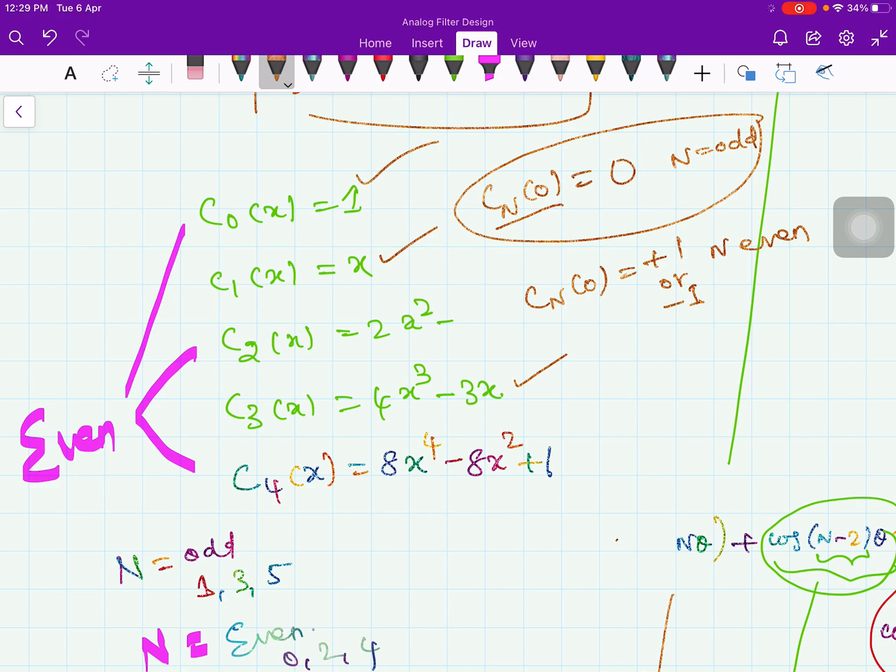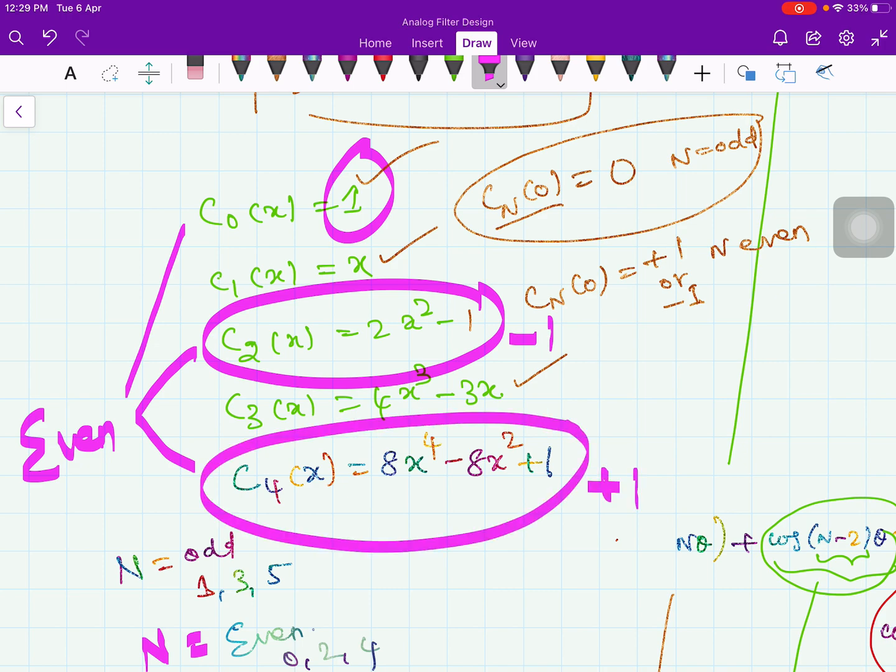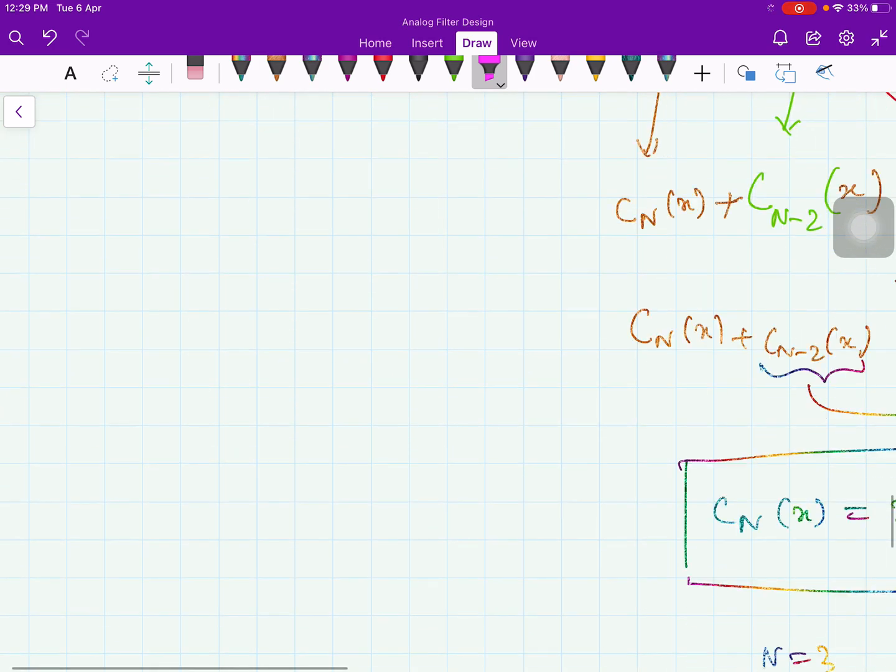In this case it is plus 1, and in this case it is minus 1, and here it is plus 1. So whenever the order is even, then Cn of 0 is either plus 1 or minus 1.